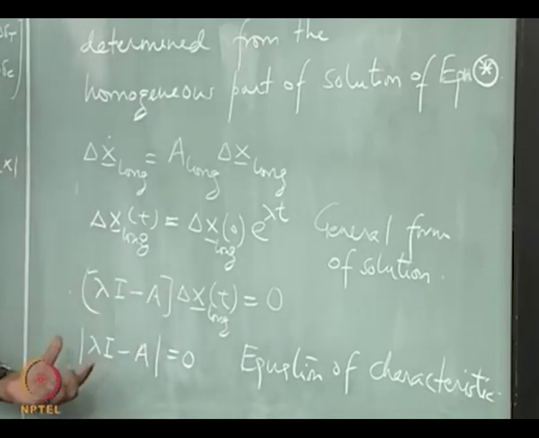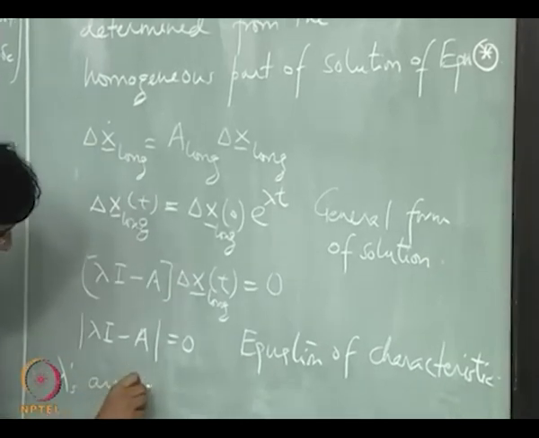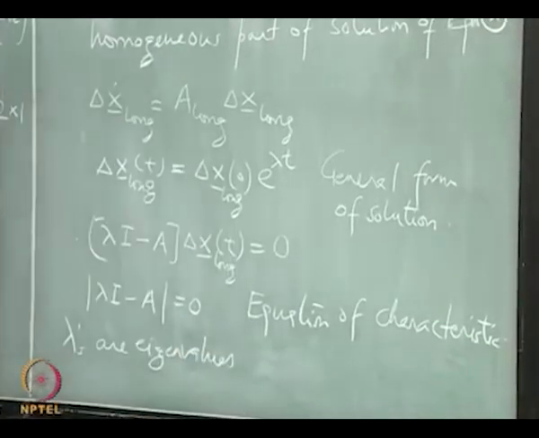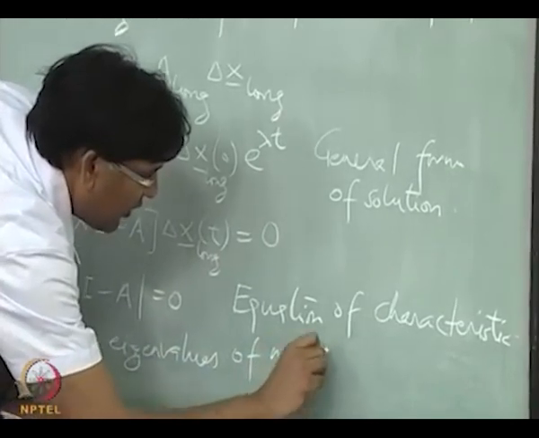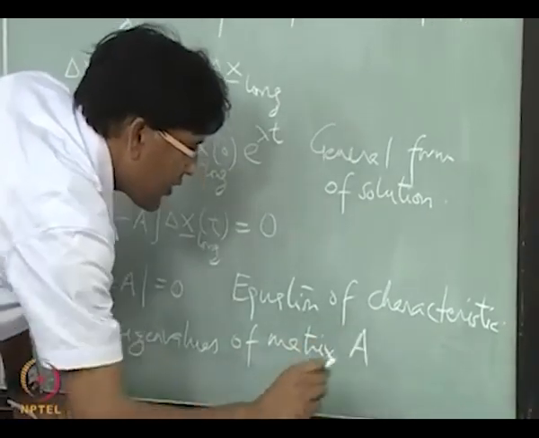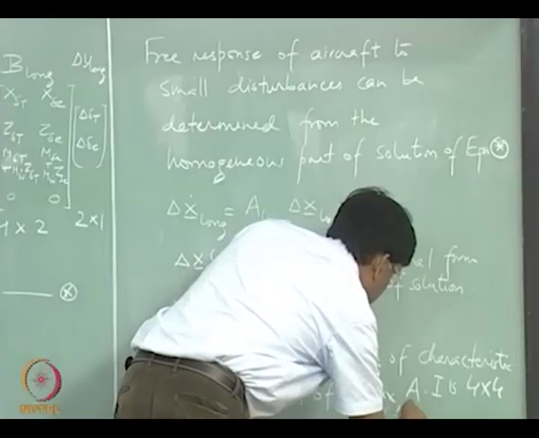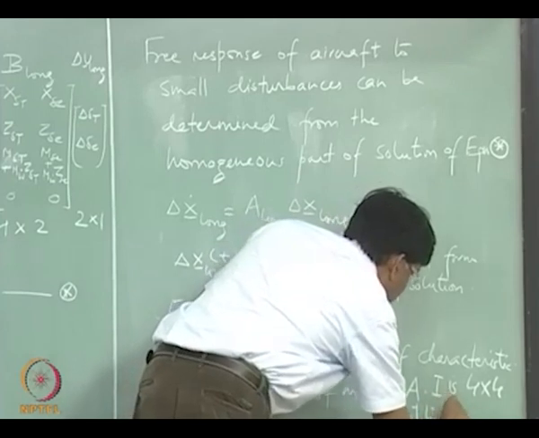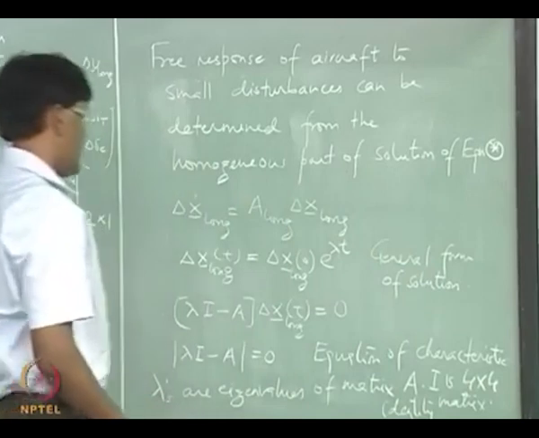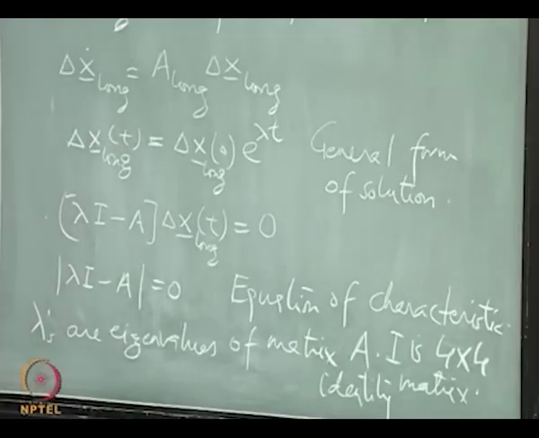So finally you arrive at this equation, which is the characteristic equation, and the lambdas.